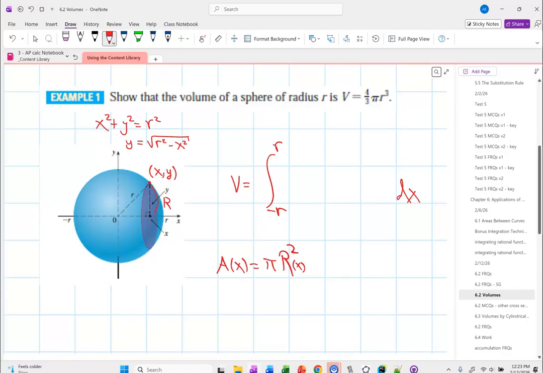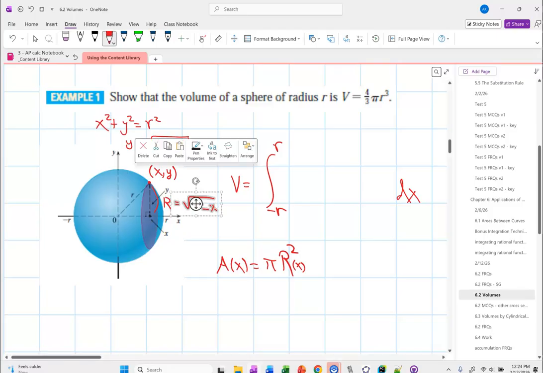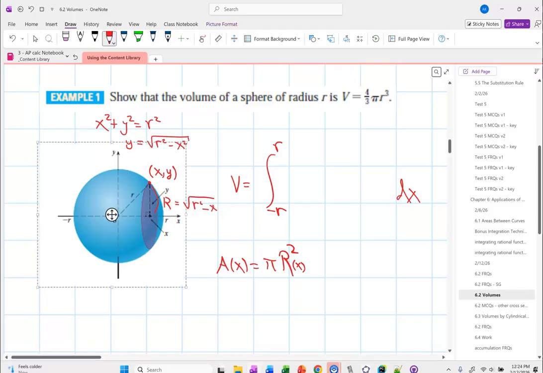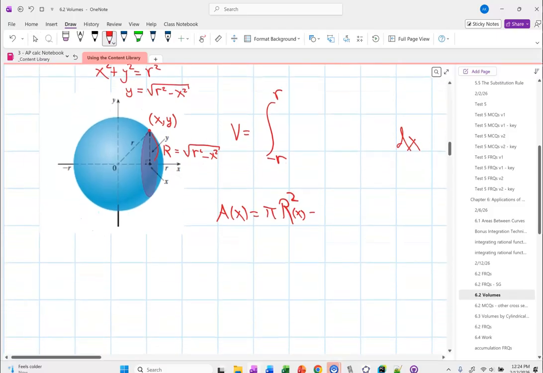So radius is a length of a shape. That should be a positive number. So that's what y is equal to. So that's going to be my function for r. Does everybody feel good there?